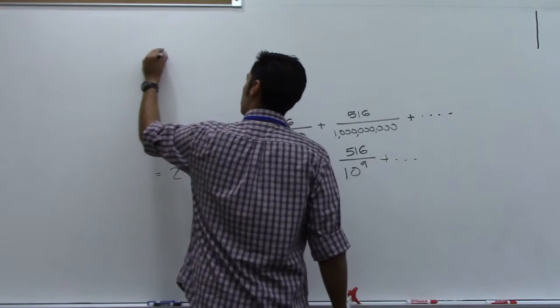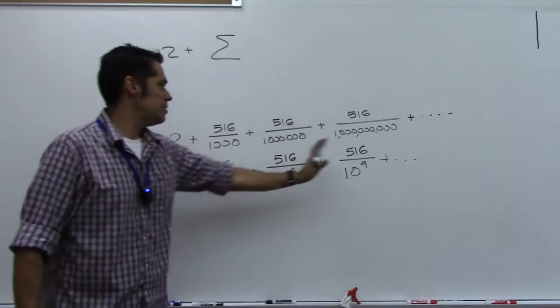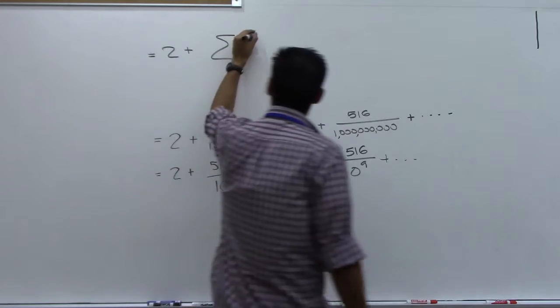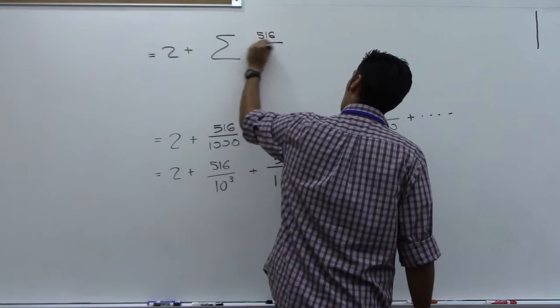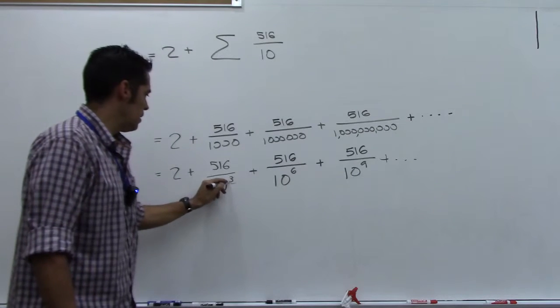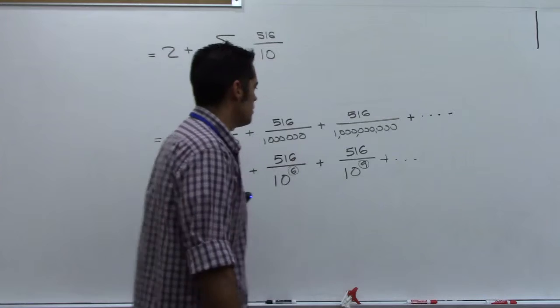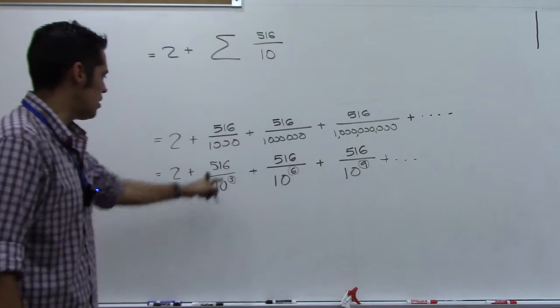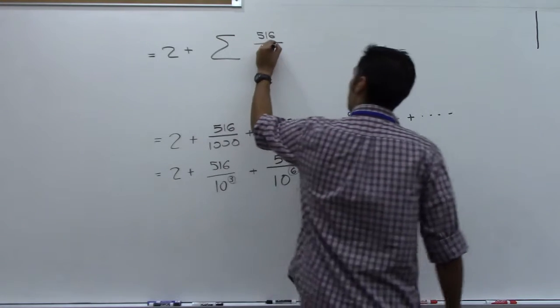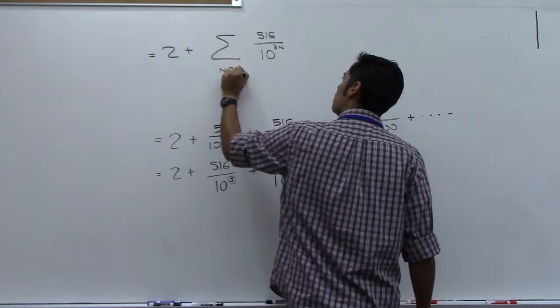So this is equal to 2 plus sum. So I'm going to rewrite from here down as a summation. The 516 is always on top. And I have 10 to the, oh man, what are these? 3, 6, 9, the next one will be 12. These are multiples of 3, starting at 3. So I would put 3n here, n equals 1 to infinity.